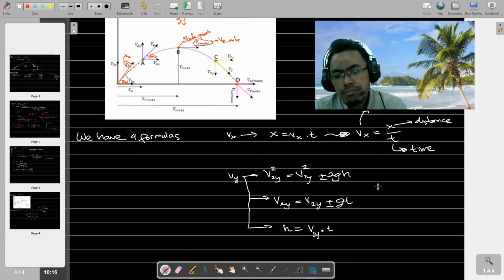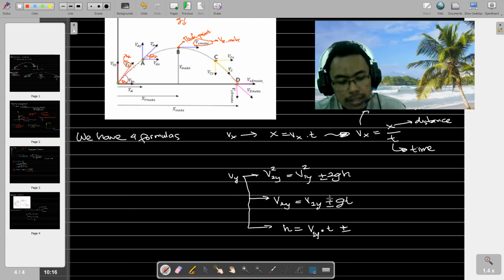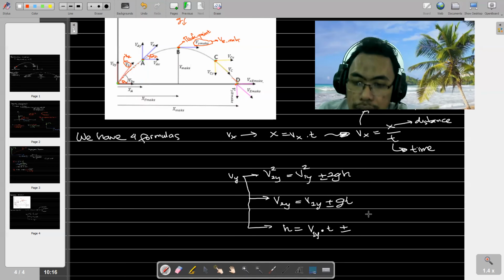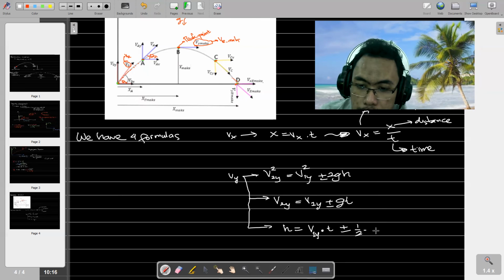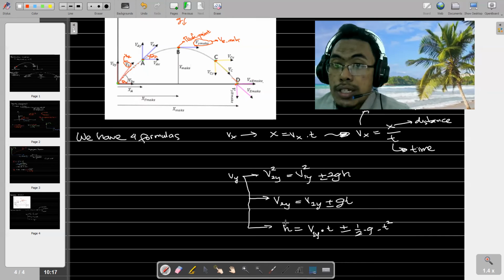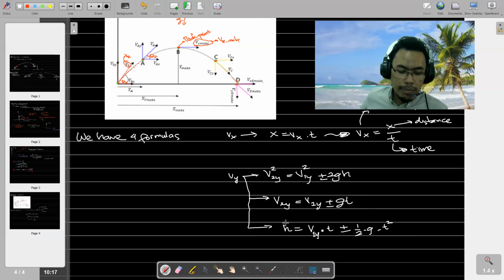So in this formula, plus or minus depends on the direction of the object: a half times g times t to the power of 2. So these are the formulas that we are going to use to solve the problem of parabolic motion.